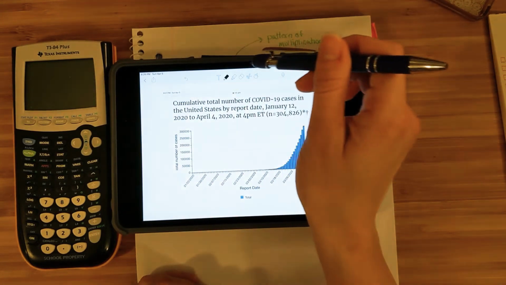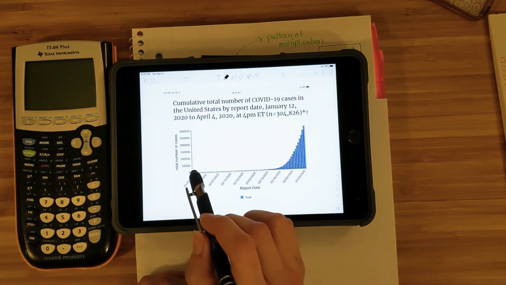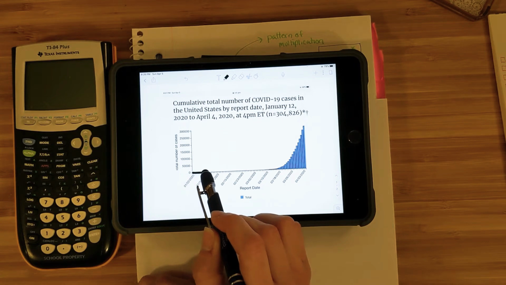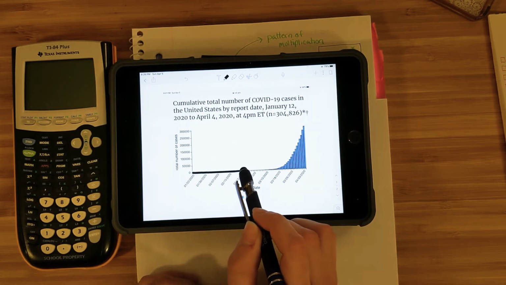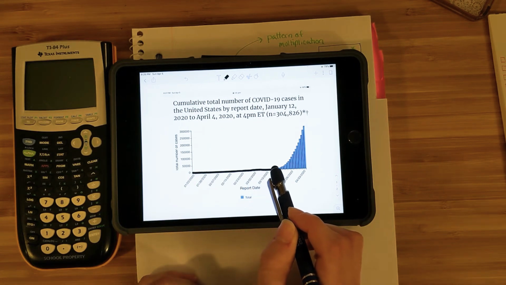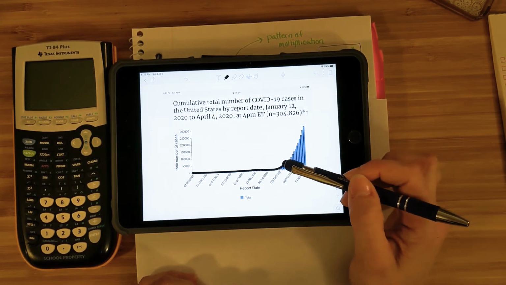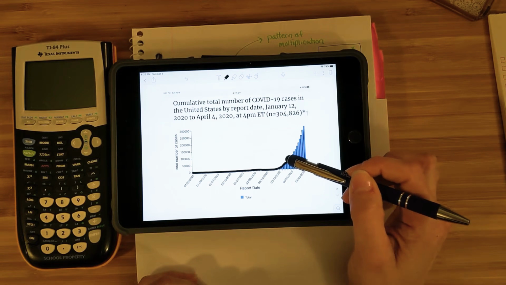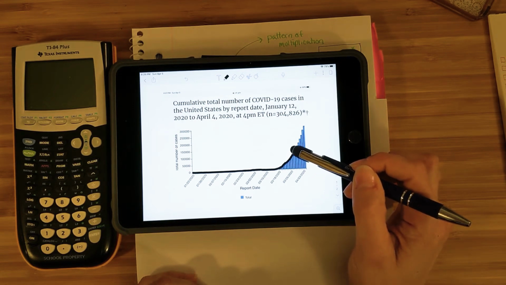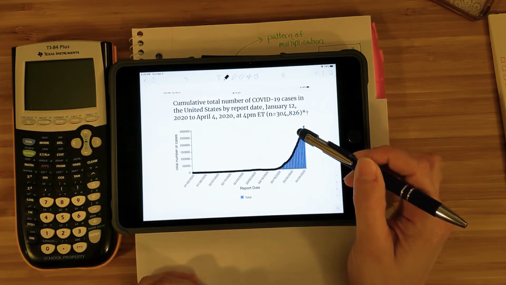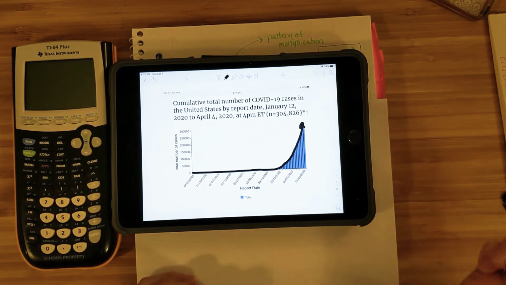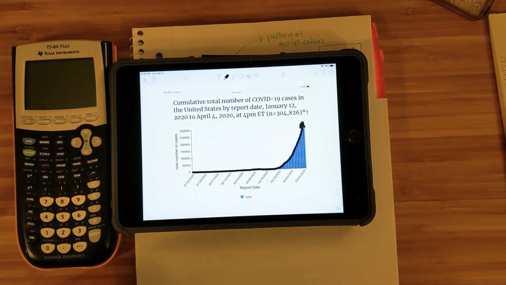But then as this started to infect more and more people, and as this infection rate started to grow, the numbers then started to climb slowly at first, but then as more people get infected, the rate of infection gets quicker and quicker and quicker until we have a growth that's almost a vertical line, right?